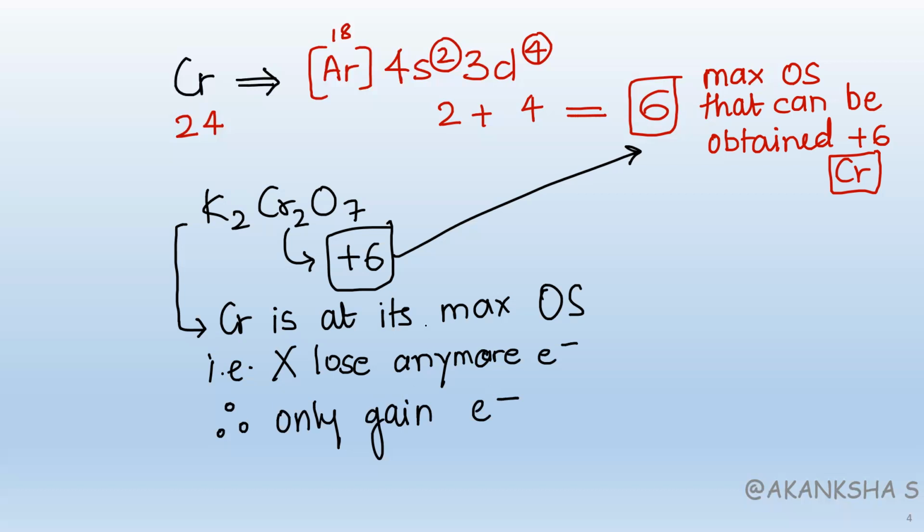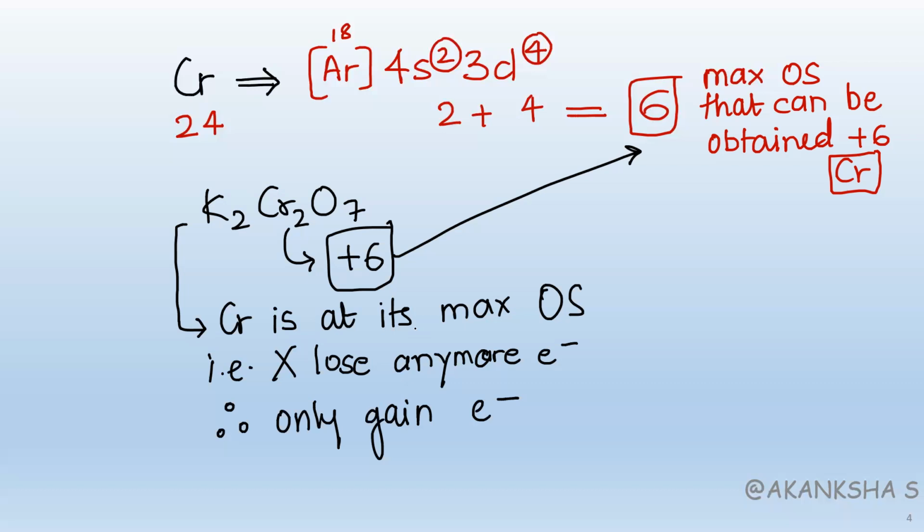Please try to understand this. Chromium in potassium dichromate is at its maximum oxidation state capacity. Any further loss of electron means that chromium's oxidation state would shift to +7, +8, which is not at all possible for chromium. So if loss of electron is not possible, what does chromium do in potassium dichromate? It resorts to one amazing solution, that it focuses only on gain of electrons.